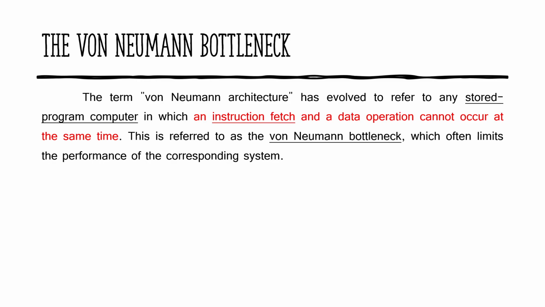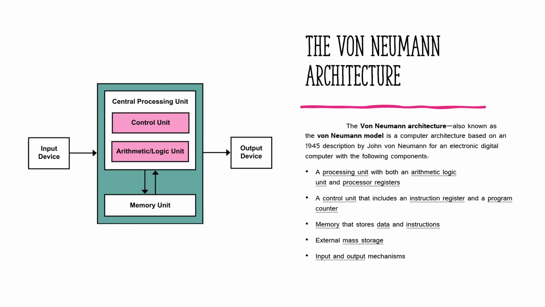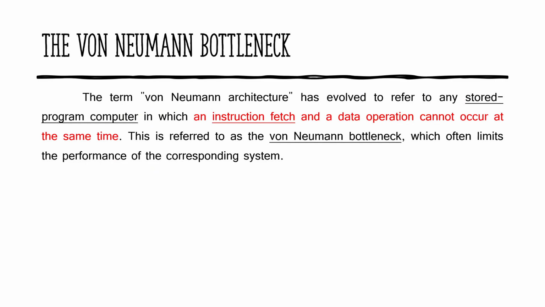So there's a bit of a time delay between the two. Even if the time it takes the processor to fetch data and to process it is very small, there is still a tiny amount of delay between a fetch instruction and a data operation.